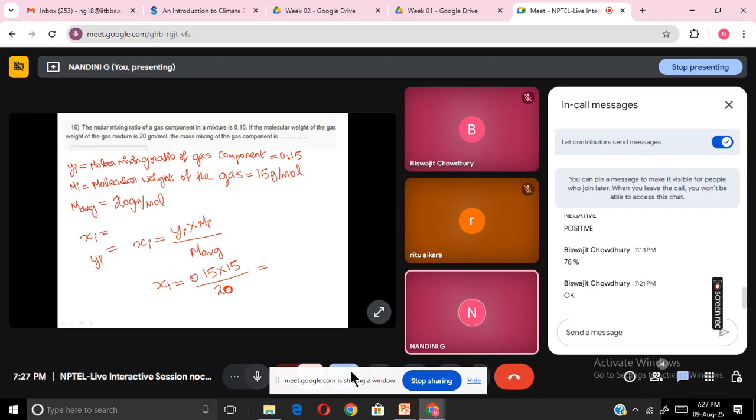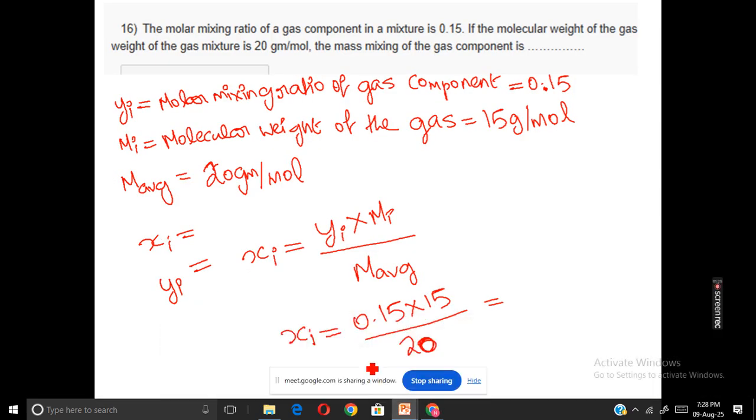Can you tell me? Yeah, the answer will be 0.11 gram per.